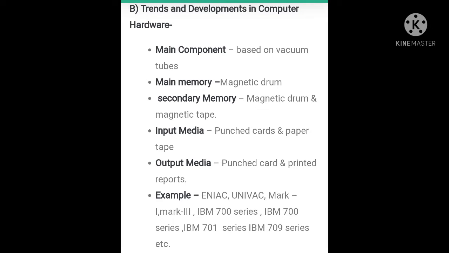Examples of first generation computers are ENIAC, UNIVAC, Mark 1, Mark 3, IBM 700 series, IBM 701 series, IBM 709 series, etc.